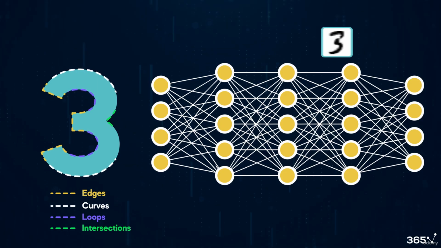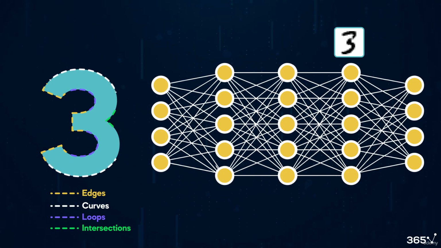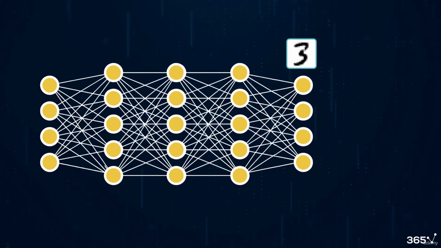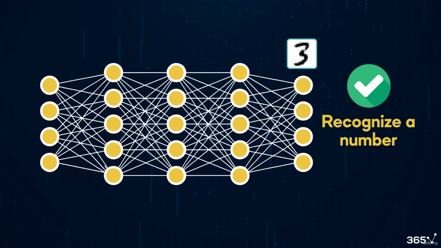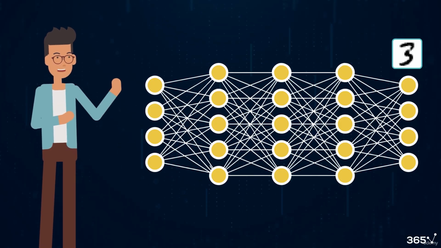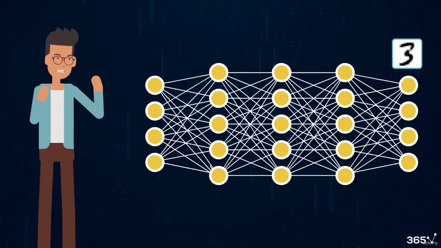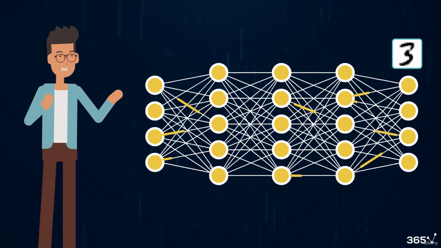When the information reaches the third layer, the neural network has learned to recognize the overall shape and configuration representing the number 3. Finally, the output layer takes the processed data from the last hidden layer and determines whether the digit is a 3. This is how a neural network learns to perform what appears to be a simple task, recognizing a number. The underlying process, however, involves intricate mathematical manipulations, which we didn't describe fully.